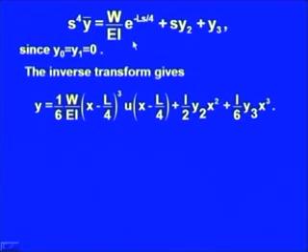Now, we know that the inverse Laplace transform of 1 over s to the power 4 is t to the power 3 over 3 factorial, that is 6. So, t cube over 6 is the inverse Laplace transform of 1 by s to the power 4, but here we will have to make use of the second shifting theorem, because we have to find the inverse Laplace transform of e to the power minus Ls by 4 over s to the power 4. So, here a is L by 4.